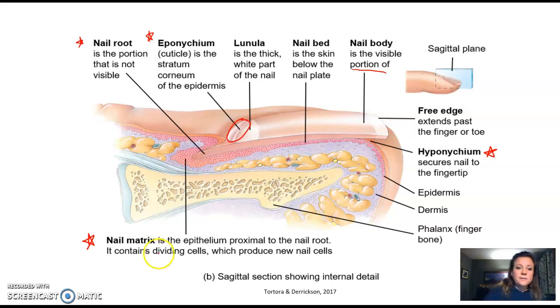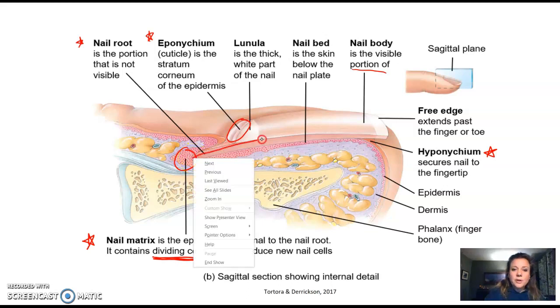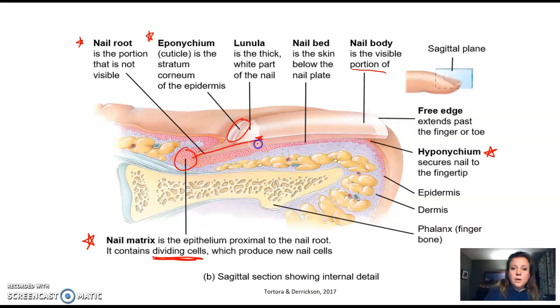This is where the dividing cells are located. And so here we've got our live cells, and they're going to push upward in order to form that nail body. And the further up they go, by the time they reach that nail body, these cells are dead.